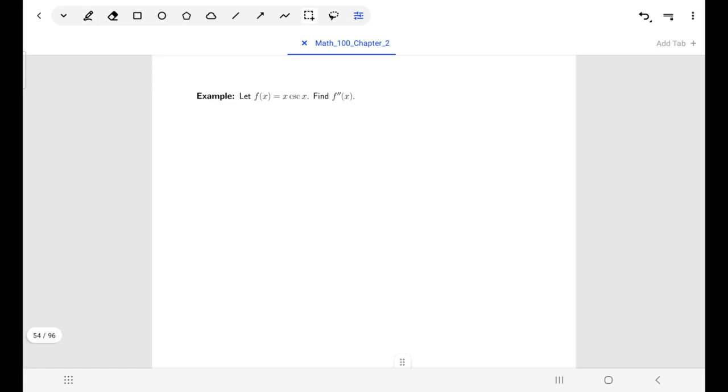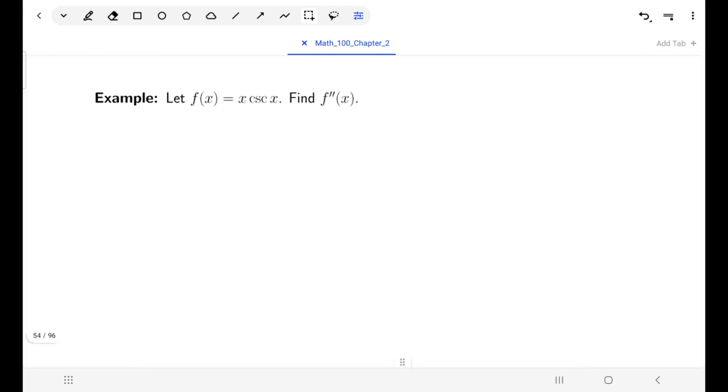Okay, so let's take a look at this problem. I have a function, not terribly bad. It's got 2 factors, an x and a cosecant of x. I'm looking for the second derivative, though. So for the first derivative, it's a pretty straightforward product rule.